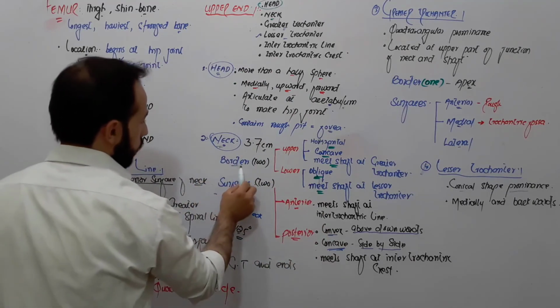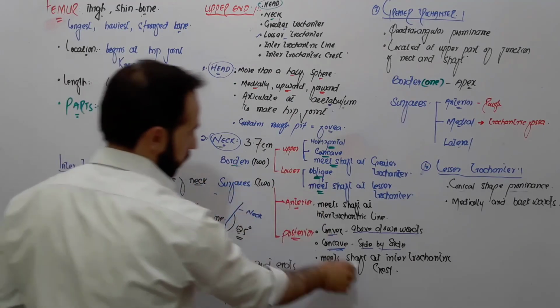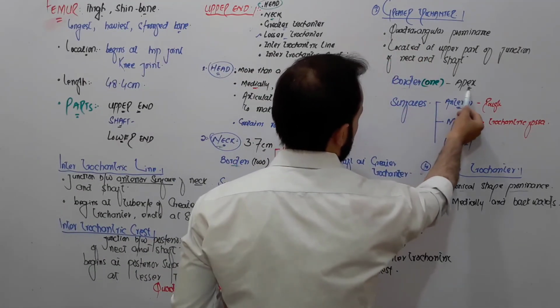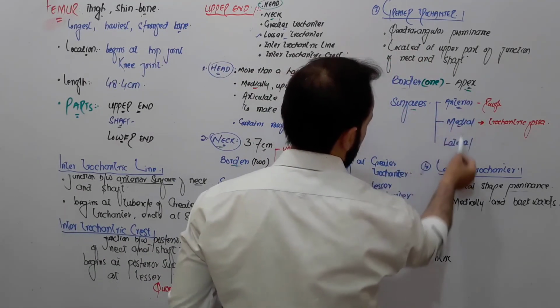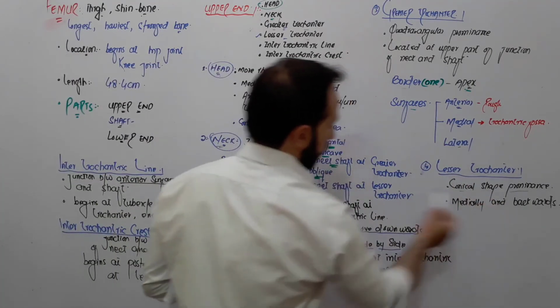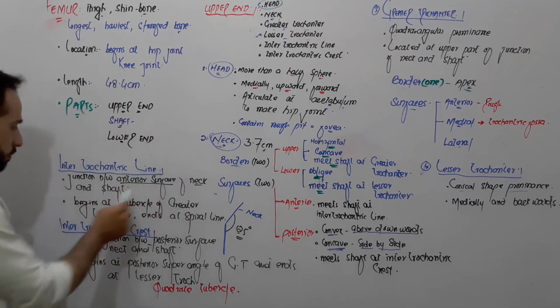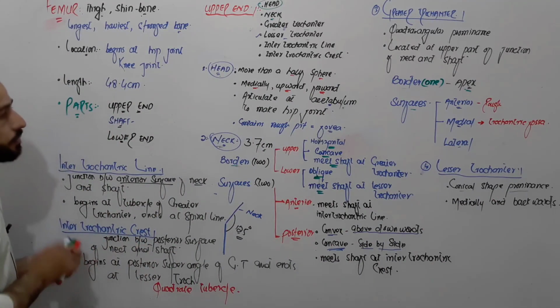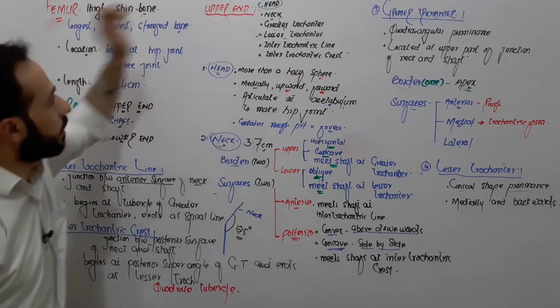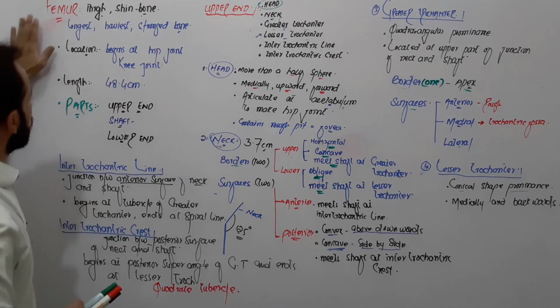The neck has two borders and two surfaces, which we have discussed here. The greater trochanter has border which has an apex, and the greater trochanter has three surfaces, which I will show in the video. Then there is the lesser trochanter, and then there is the intertrochanteric line and intertrochanteric crest. Right, friends? So these 6 important points are about the upper end of this femur bone.